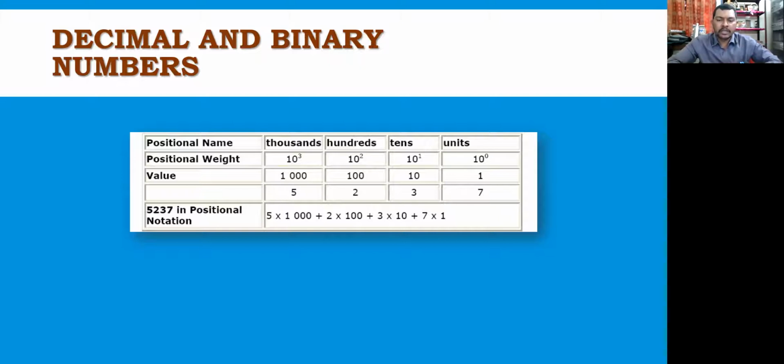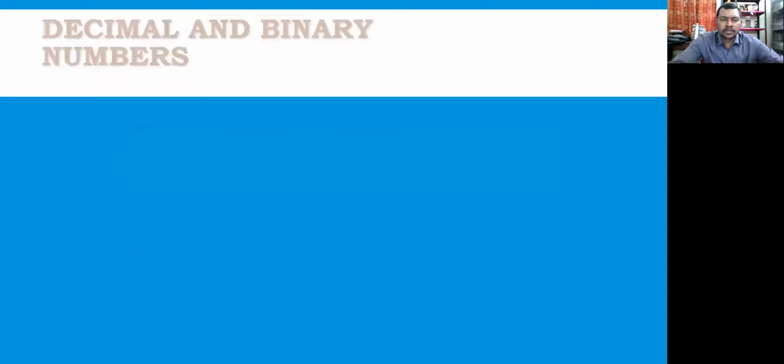And we have their values as 1, 10, 100, and 1000 respectively. So these are the numbers which we represent in the decimal number system, and this is a very easy thing that we do.